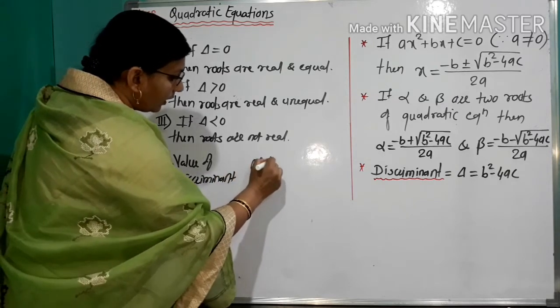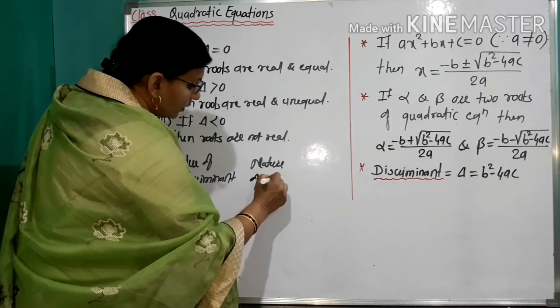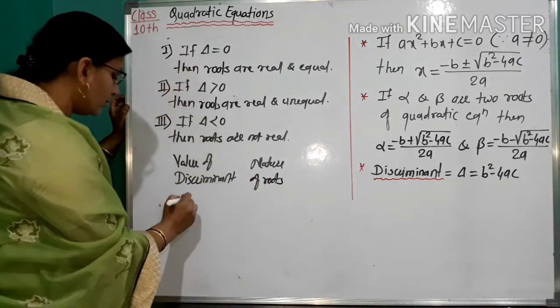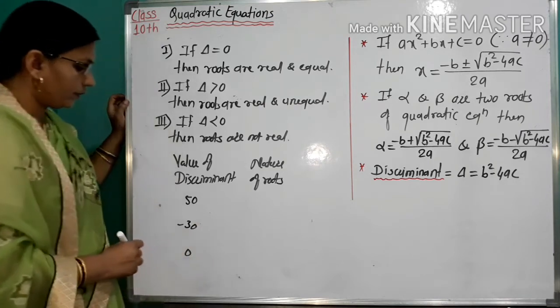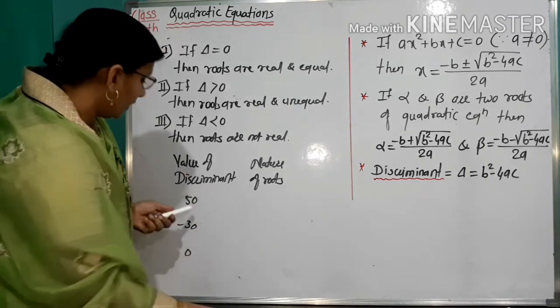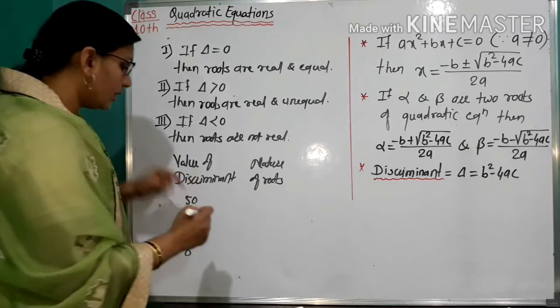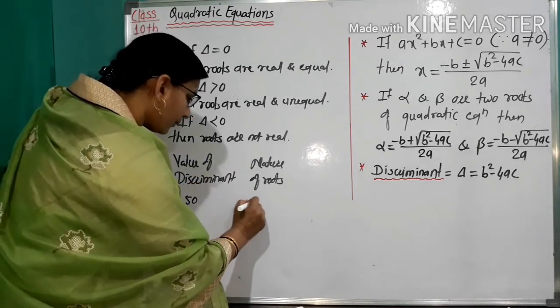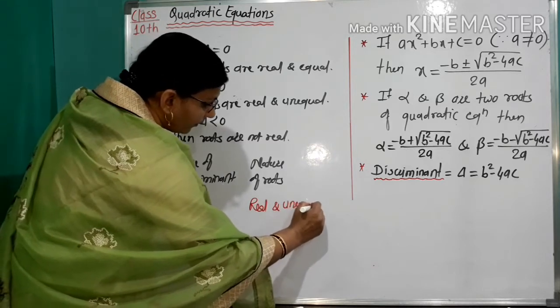Value of discriminant and nature of roots. These values are given: 50, minus 30 and 0. Observe here, this discriminant value is 50, that is greater than 0. So nature of roots is real and unequal.